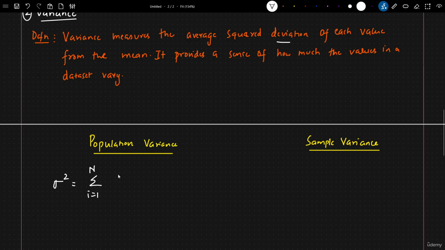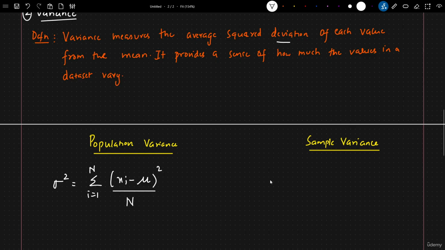It is the difference of your data point x i minus mu, the population mean, whole square, since we are writing squared deviation, divided by capital N.